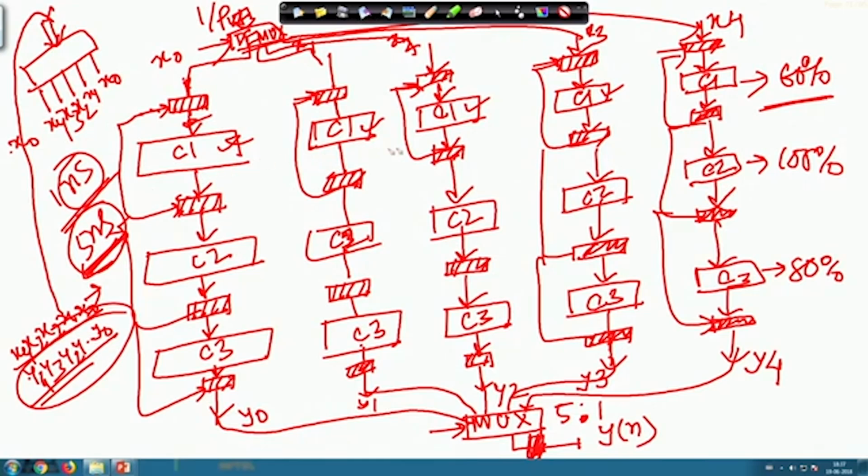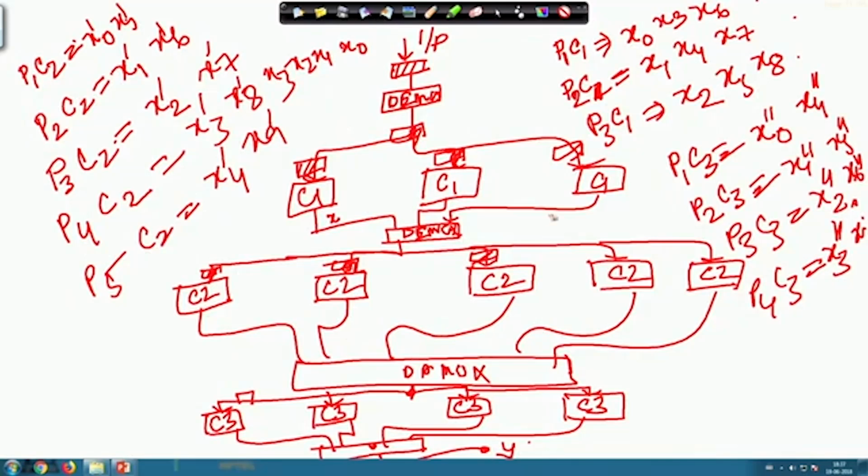So, here what I require is 5 C1, 5 C2, 5 C3, but in this particular case I need 3 C1, 5 C2 and 4 C3, and here you see all the blocks now have a utilization efficiency of 100%, that means all the time they are working.